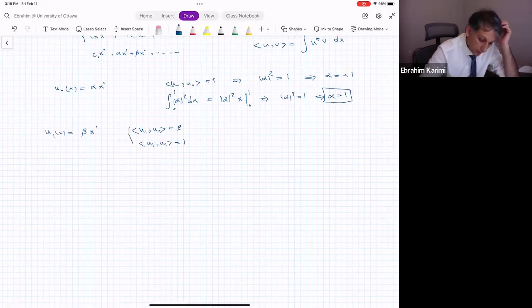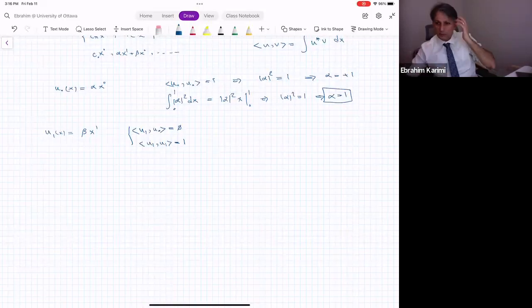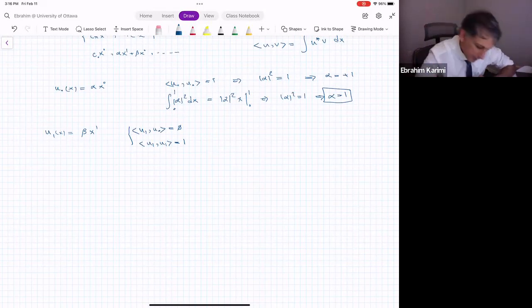Those are the two properties that we are looking for. They call this, by the way, Gram-Schmidt representation. So we start from the first vector, and then we fix that, we make it normal, and from this one we build up the second vector, and then the third vector, the fourth vector, and so on.